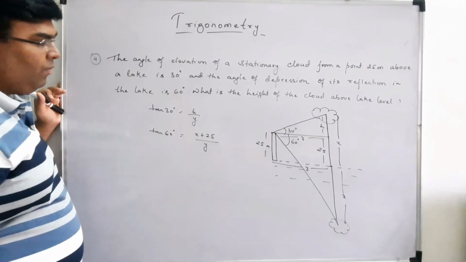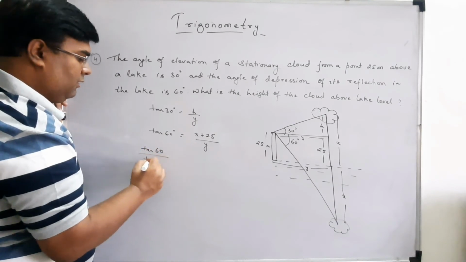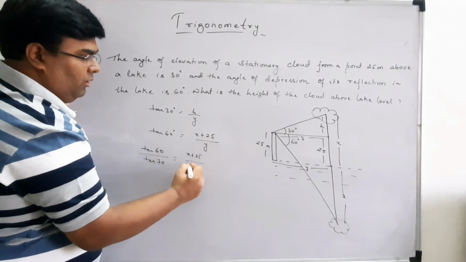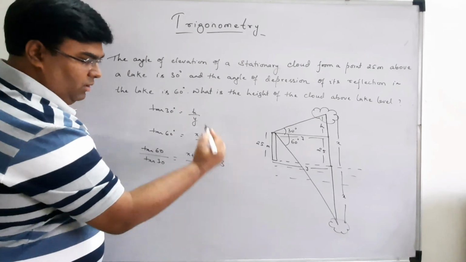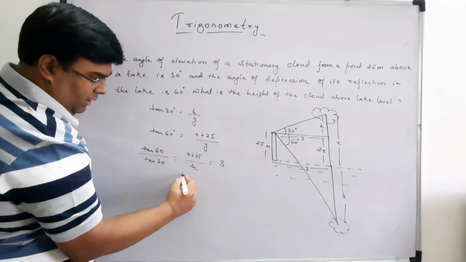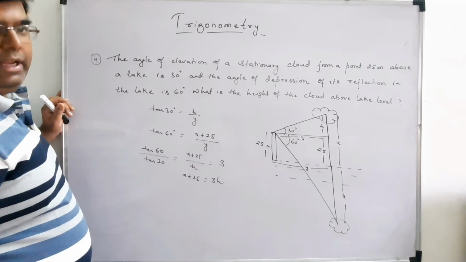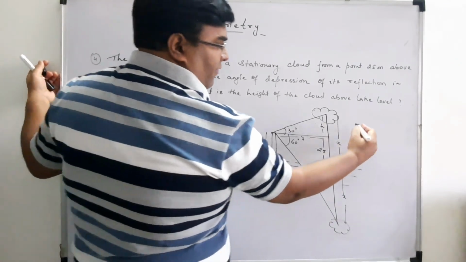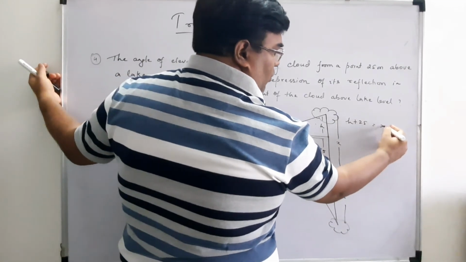Again, what we will do? We will just use the ratio tan 60 upon tan 30. It will give me x plus 25 upon h. Y will get cancelled. And this will be equal to what? 3. Right? So here you can get x plus 25 is equal to what? 3h. And we have one more relation, which is h plus 25 is equal to what?